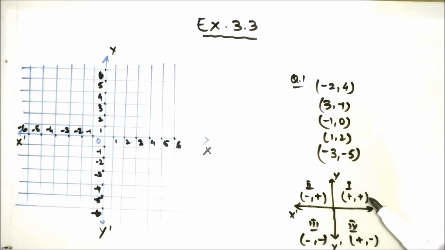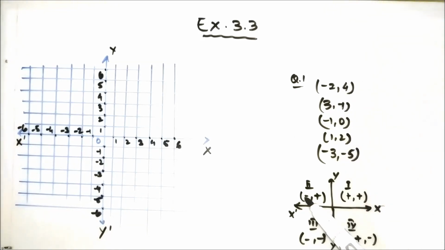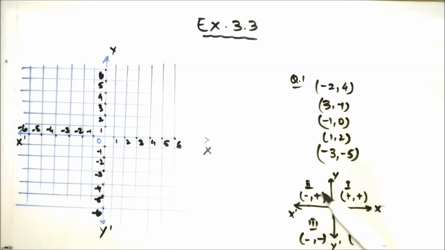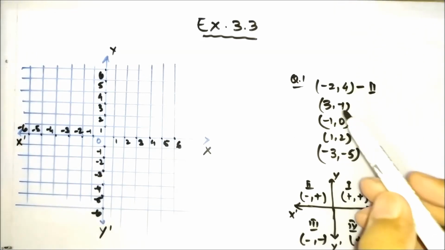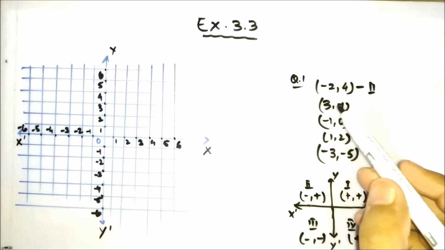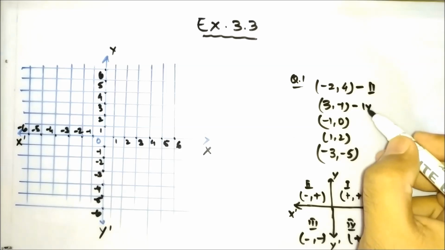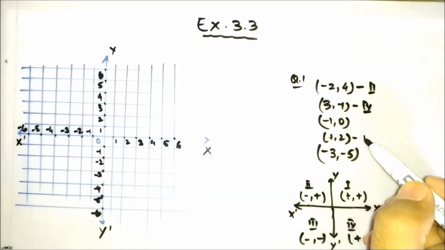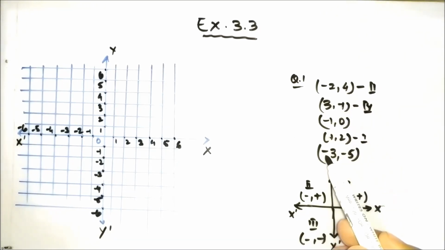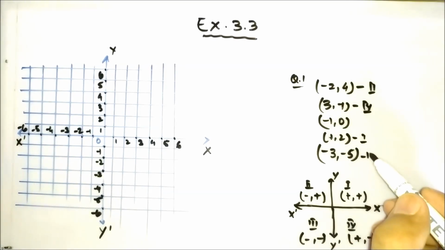Now how to match with that? Minus 2, plus 4. So minus and plus, it lies in the second quadrant. Likewise, plus 3, minus 1. So plus and minus, it lies in the fourth quadrant. Likewise, 1, 2, it is plus and plus, it lies in the first quadrant. And the last one is minus 3, minus 5. So minus minus, it lies in the third quadrant.